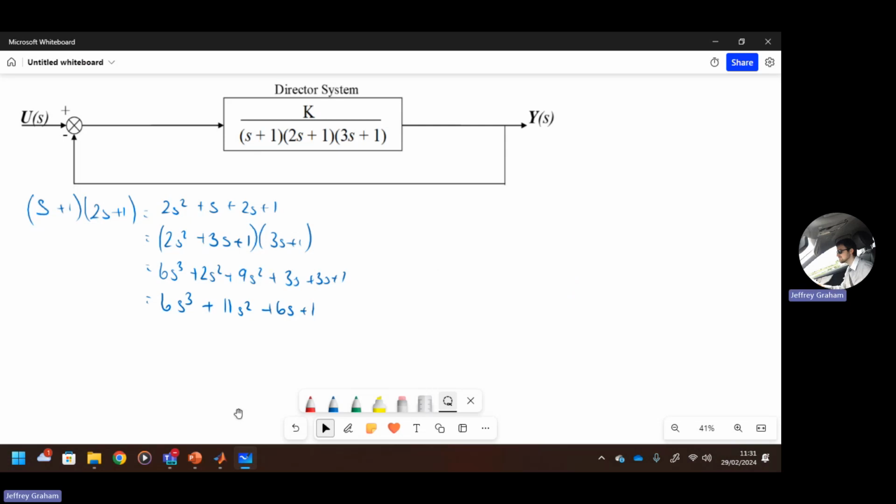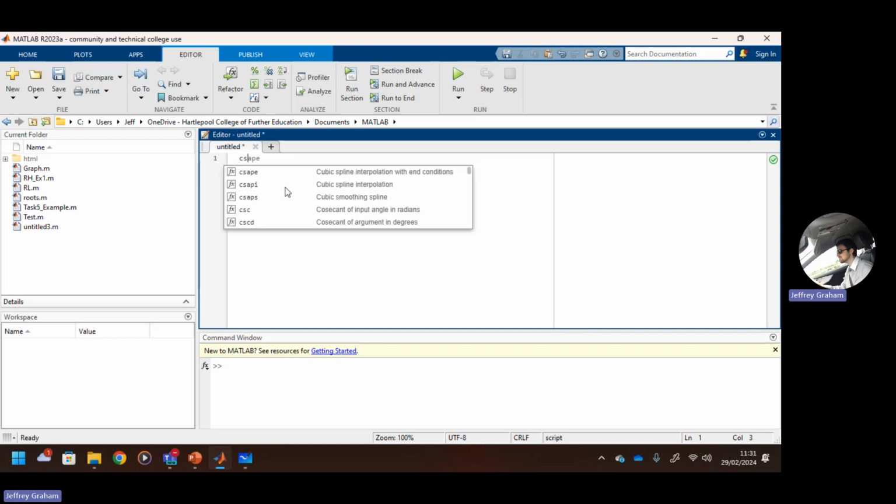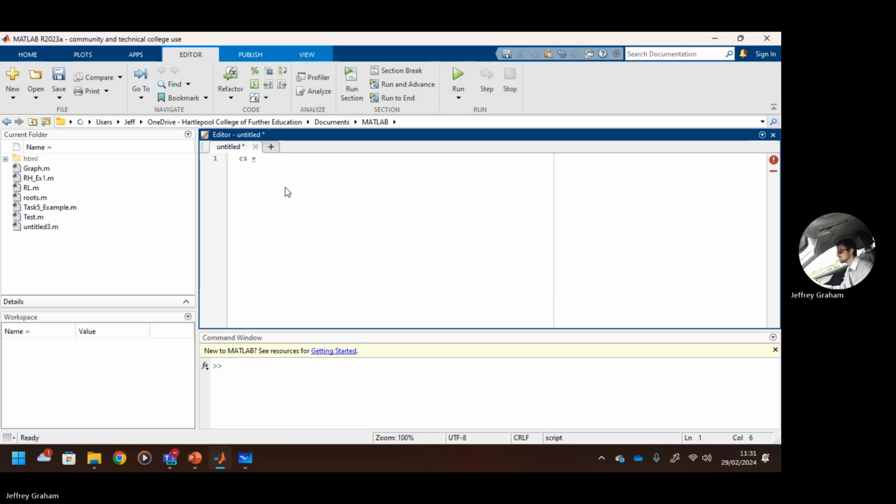Right, doing the root locus plot then, into MATLAB. Best thing I'm going to do is, it's just a control system, so I'll set the variable. Next bit is TF, because I want to recognize the fact it's a transfer function. In a set of round brackets, I'm going to put the square brackets for the numerator.